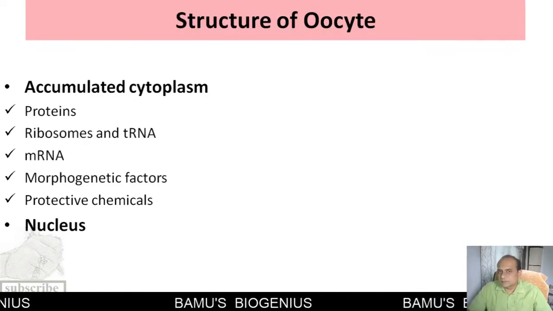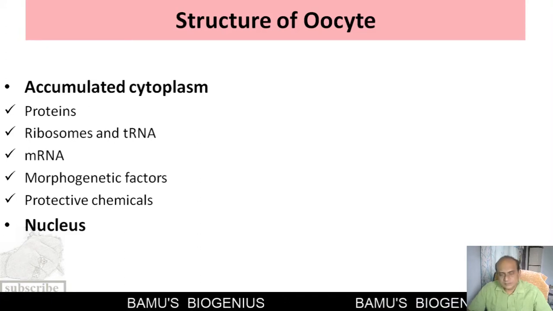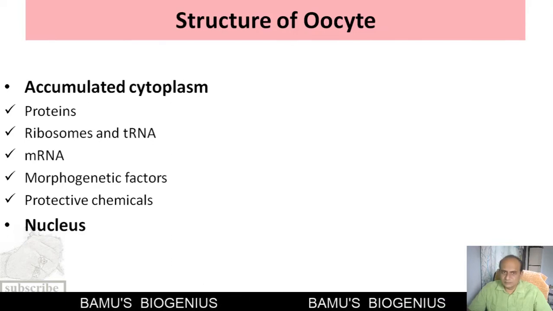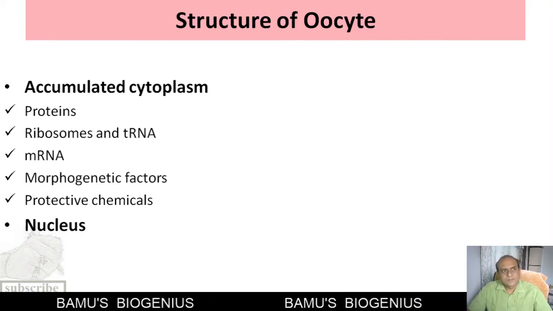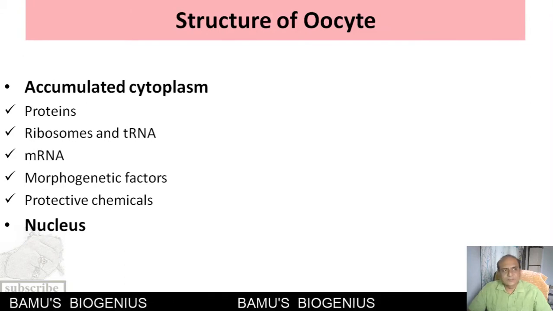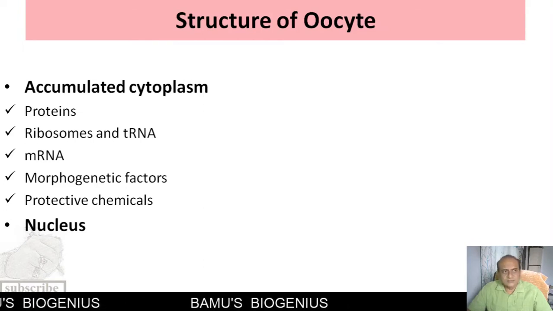Now we will discuss the structure of the oocyte. The structure of the oocyte has certain peculiarities that we need to discuss here. See, the first one is the size difference. The sperm and ovum or oocyte are different in size.